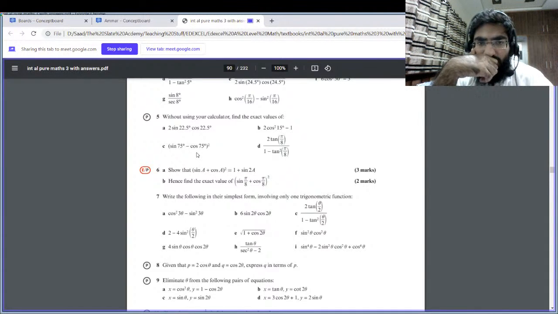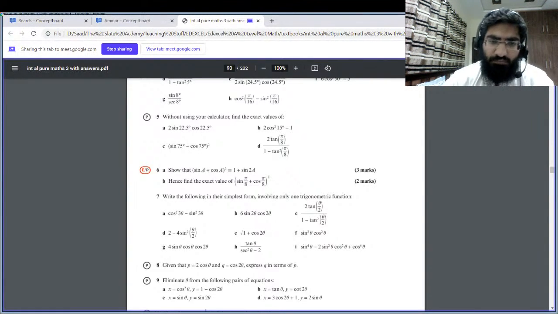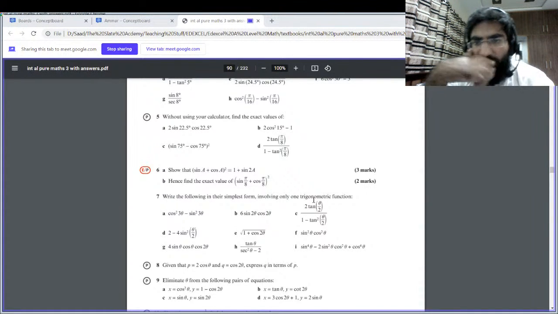It would be cos, right? It's the whole squared, so you'll have to first expand. If I expand, I'll get sine squared 75 minus 2 sine 75 cos 75 plus cos squared 75.